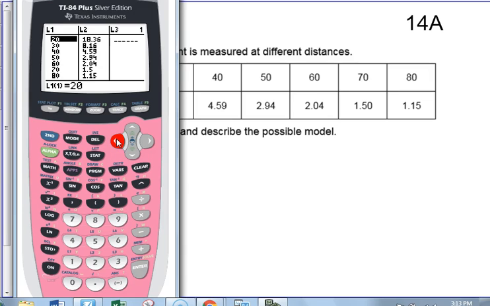All right, I kind of cheated. I had them put in list 3 and list 4, but now I transferred them to list 1 and list 2. Everybody got them in?